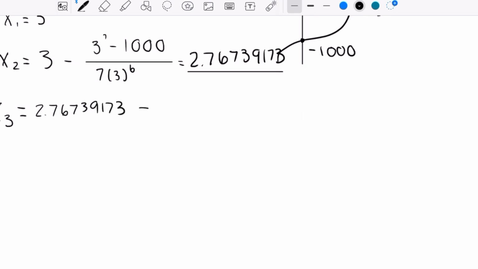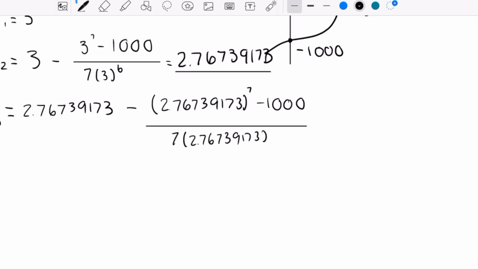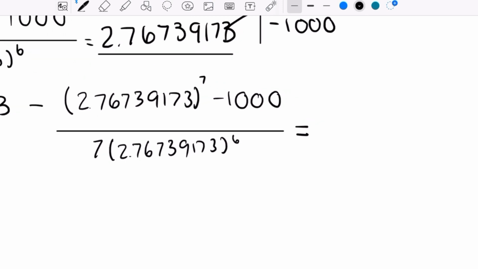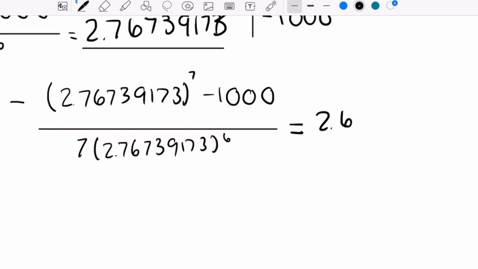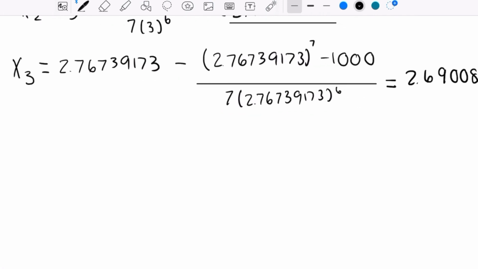We're going to do minus, and we are going to plug this number back in for our x. Raise that to the power 7 minus 1,000 all over 7 times that same number to the power of 6. And this is going to give us 2.69008741.